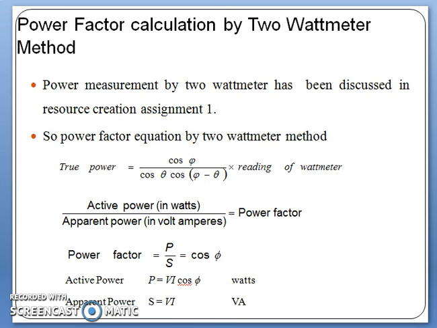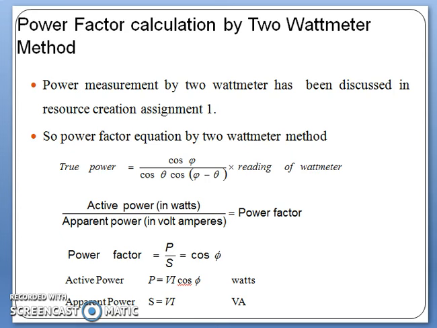Now, the next topic is power factor calculation by the two-watt meter method. In resource creation assignment 1, we have already discussed how we measure power by the two-watt meter method. The power factor calculation equations are given in this slide as follows.